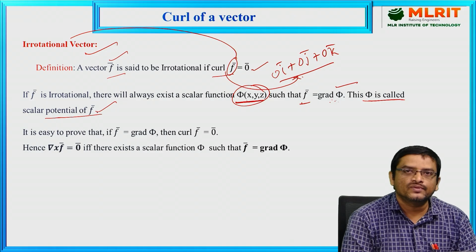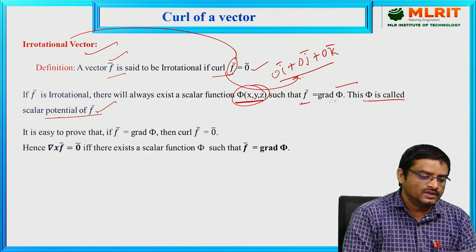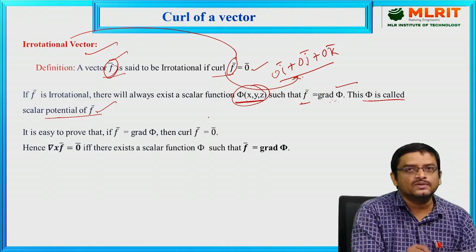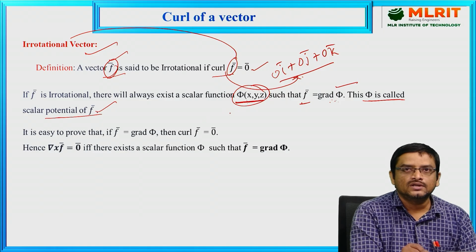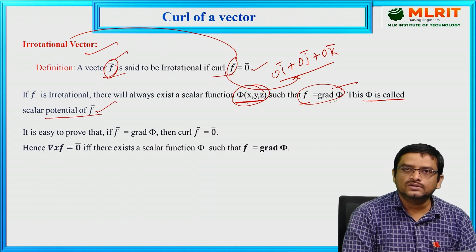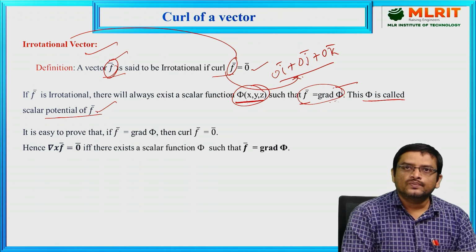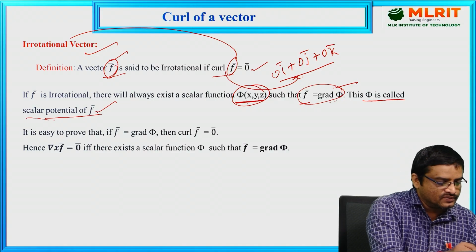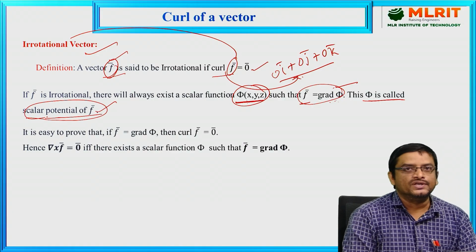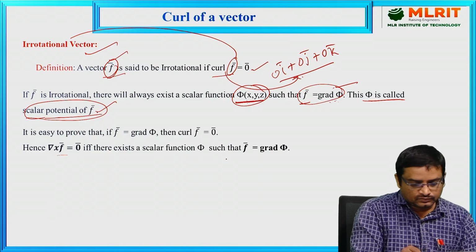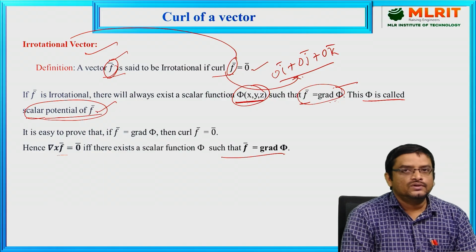That point we have to remember. Whenever the given vector is irrotational, there exists a scalar point function phi of x, y, z that satisfies the condition f bar is equal to grad phi, and we call it the scalar potential for the given vector. So this is about the irrotational vector.